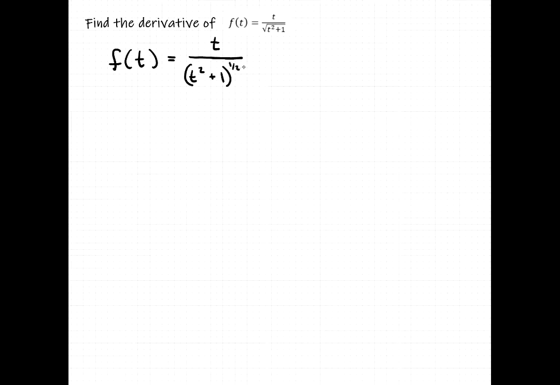Okay, so we've talked about the four main derivative rules: the power rule, the product rule, the quotient rule, and the all-powerful chain rule. It looks like on this list of our four general derivative rules, 3 of them apply to this problem.